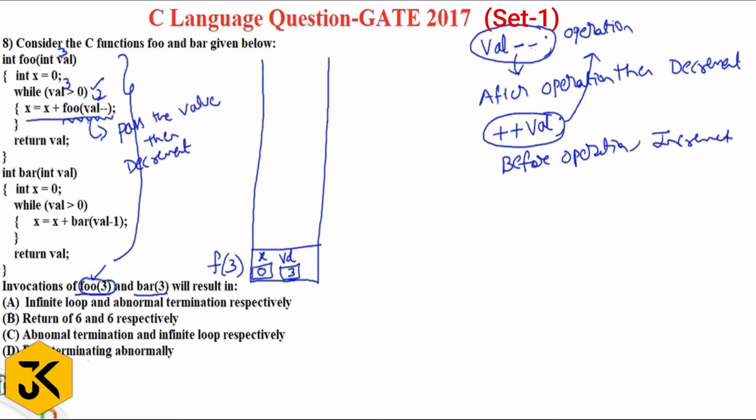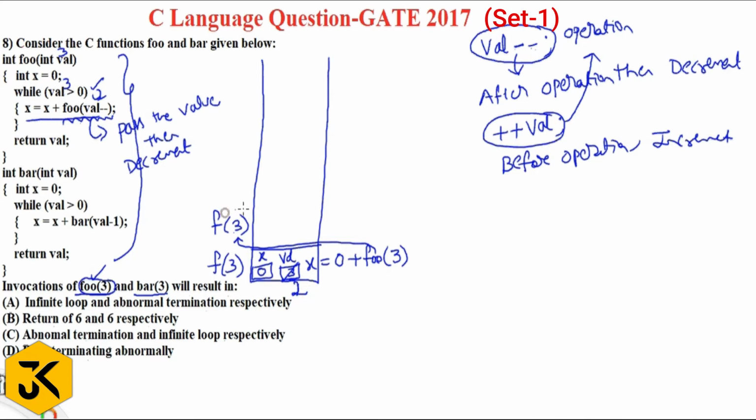So my value is 3, then I am going to call x equal to x plus foo of value. x is 0, plus foo of, it is going to pass the value. What is the value? Value is 3. So first we will call the function f of 3, then after passing the value, it will decrement the value by 1, that is 3 minus 1, which is 2.